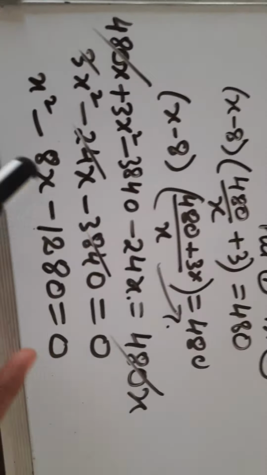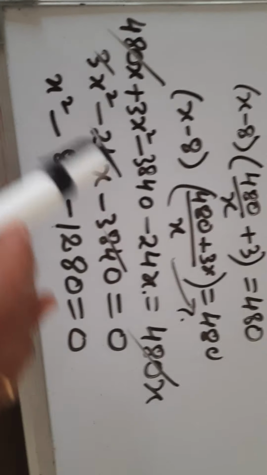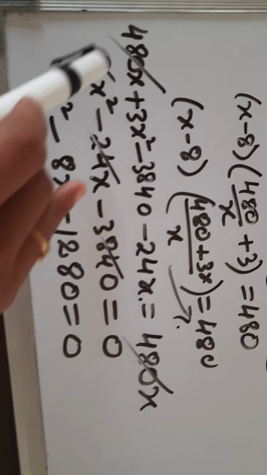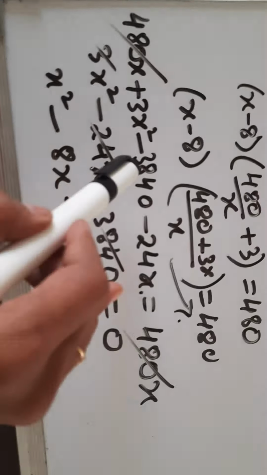But as you can see, 3, 24 and 3840 are all multiples of 3. So we can reduce this equation by dividing the complete equation by 3. 3 ones are 3, 3 eights are 24, and 1280.